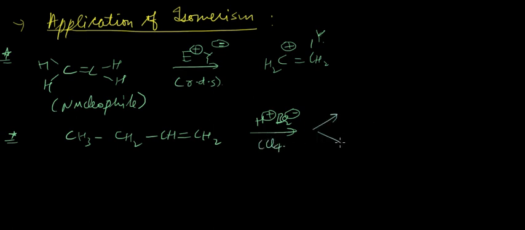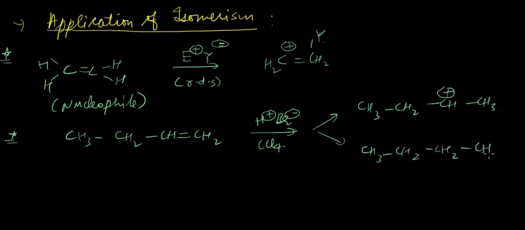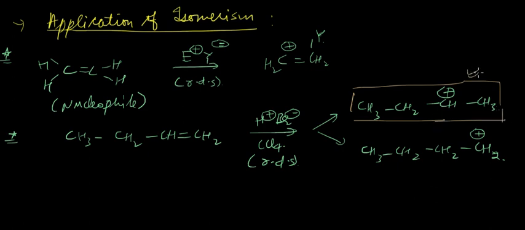So either we can get a carbocation at this position, or we can get a carbocation at this position. But this is actually the rate determining step, so we'll have to look into the stability of the carbocation, and we can easily say that the carbocation formed in this intermediate is more stable than this one. Hence this would not be the case, this would be the case.